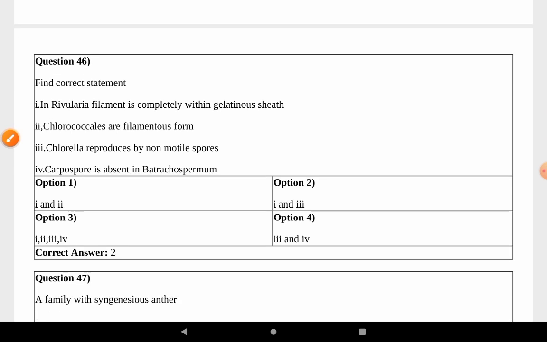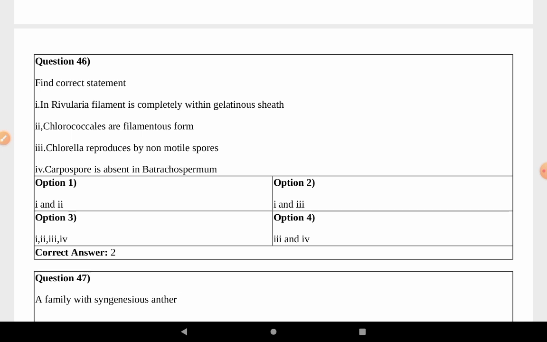Question 46. Find correct statement. In Rivularia, filament is completely within gelatinous sheath. Chlorococcales are filamentous form. Chlorella reproduces by non-motile spores. Carpospore is absent in Batrachospermum.